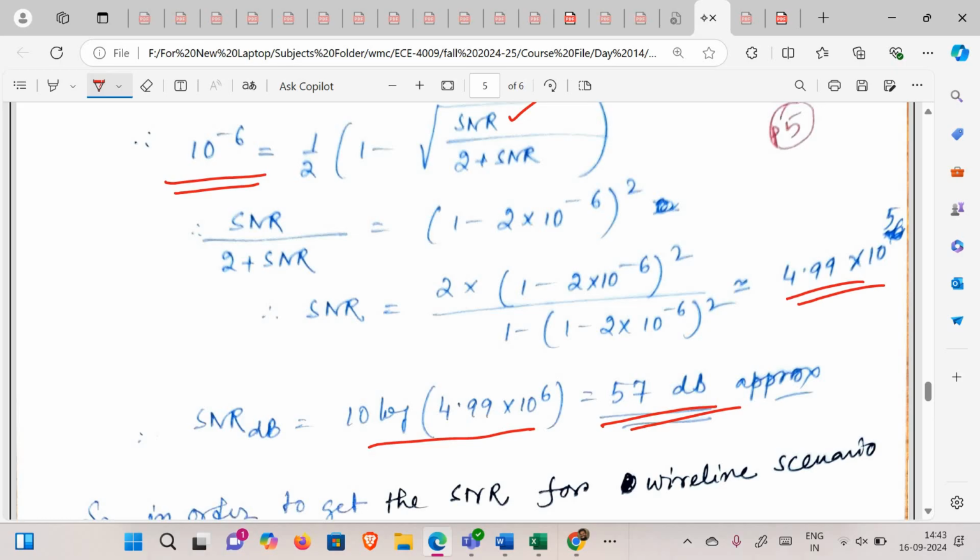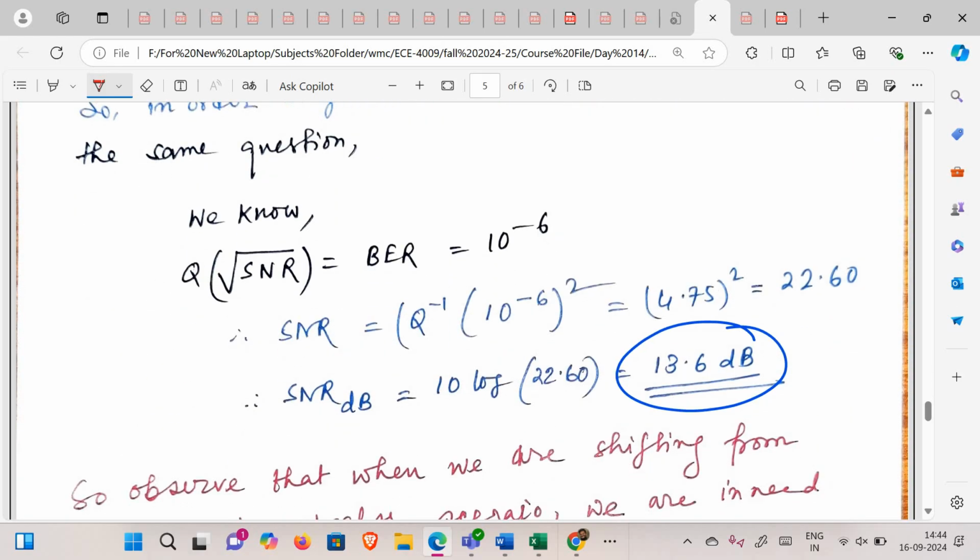Wired we know: BER equals Q of the square root of SNR. So we want the SNR, so basically we are looking at Q inverse of BER, squared. Alright, so that is what we need.